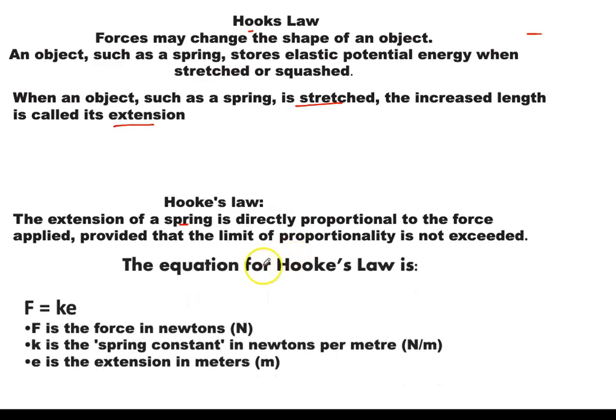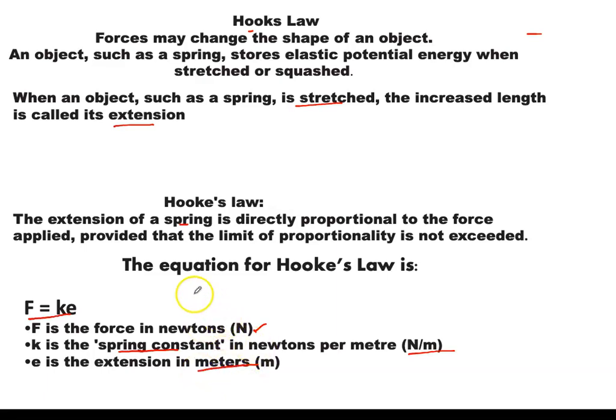Okay, so we can represent Hooke's law with this equation: F equals K E, where F is the force and the force should be in Newtons, and K is the spring constant in Newtons per meter, and E is the extension in the spring, and the SI unit of extension should be meters.